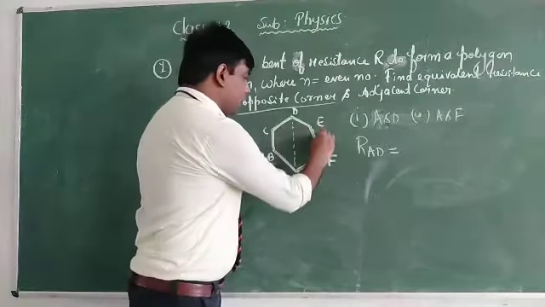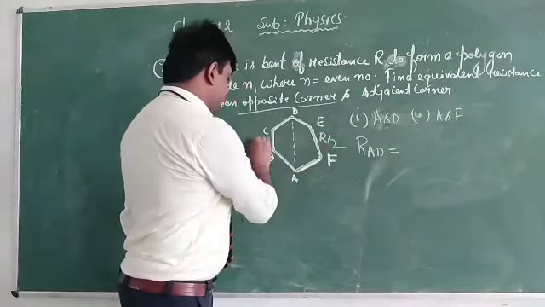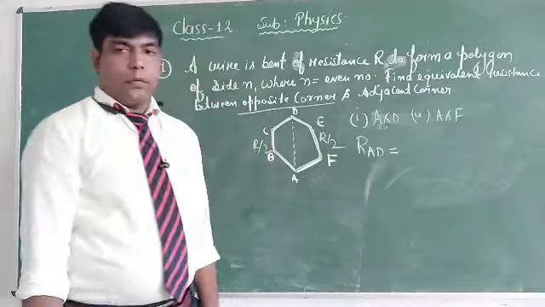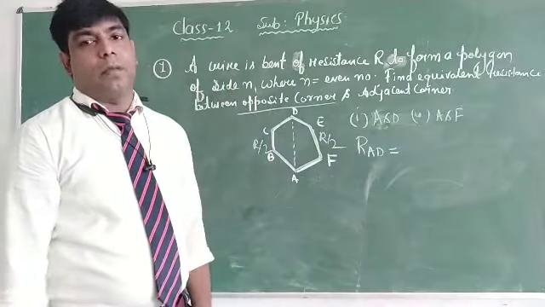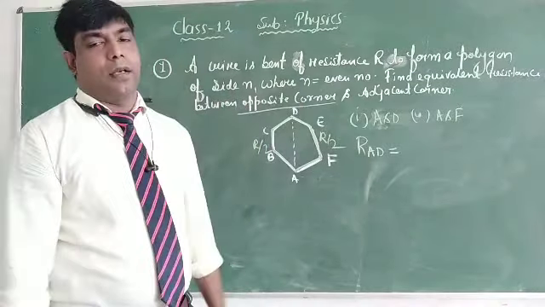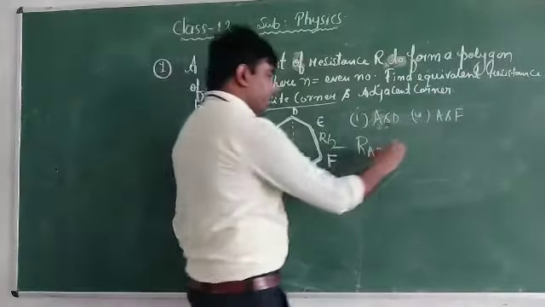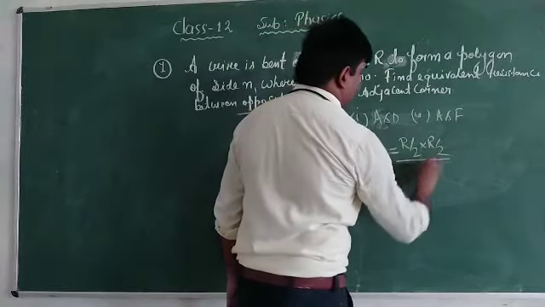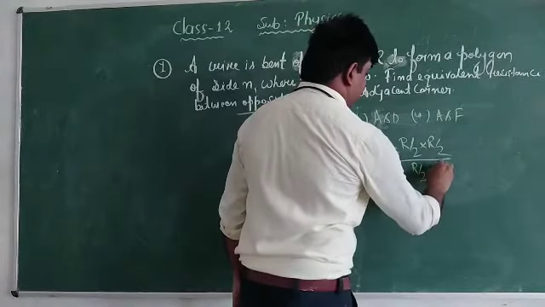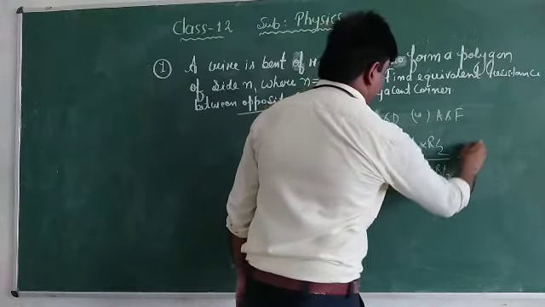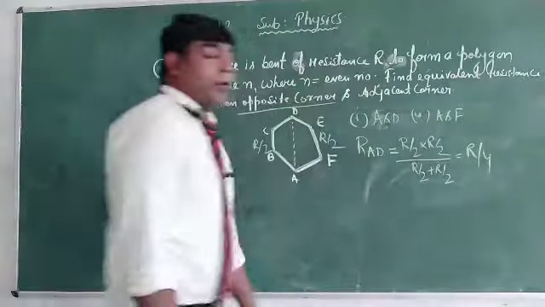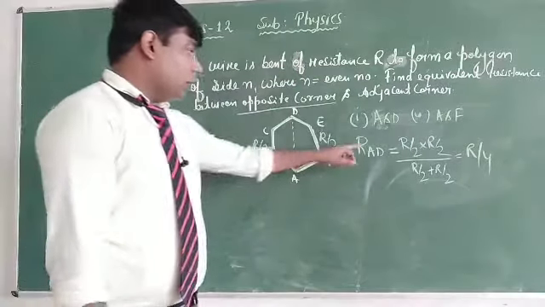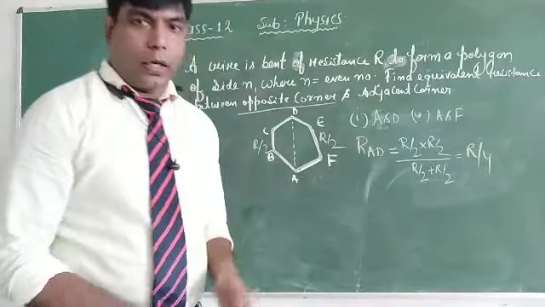Means each path will have R by 2 resistance, and they are connected in parallel. So this is R by 4, right? So the equivalent resistance between opposite corners will be R by 4.